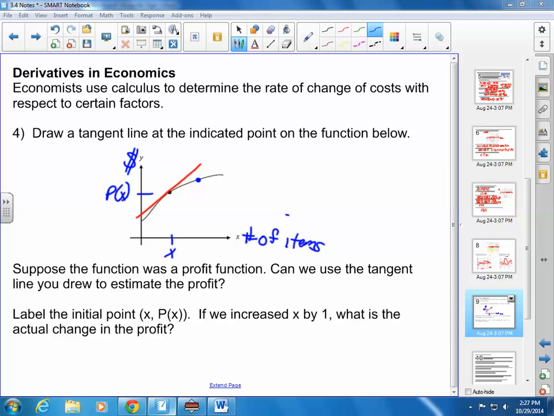So let's say that that's when you buy just one more item. Okay, so if this distance is 1, when you've bought one more item, then what would this value be? X plus 1. And this Y value would be P of X plus 1.